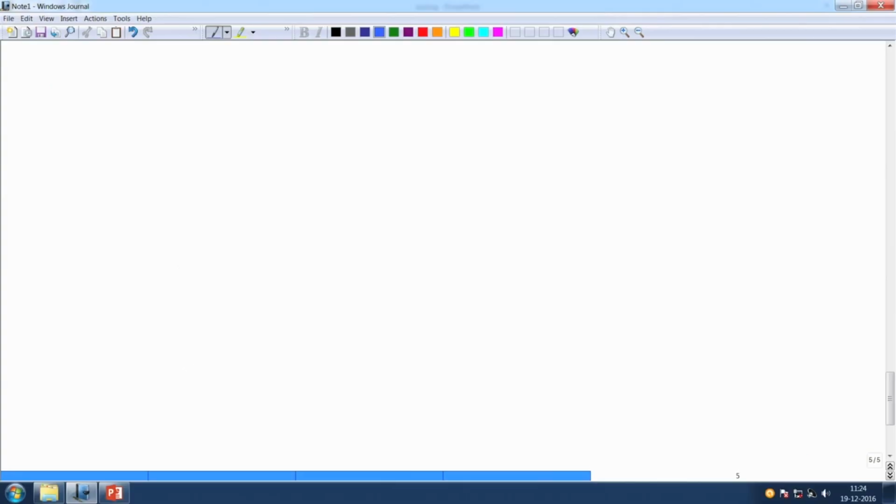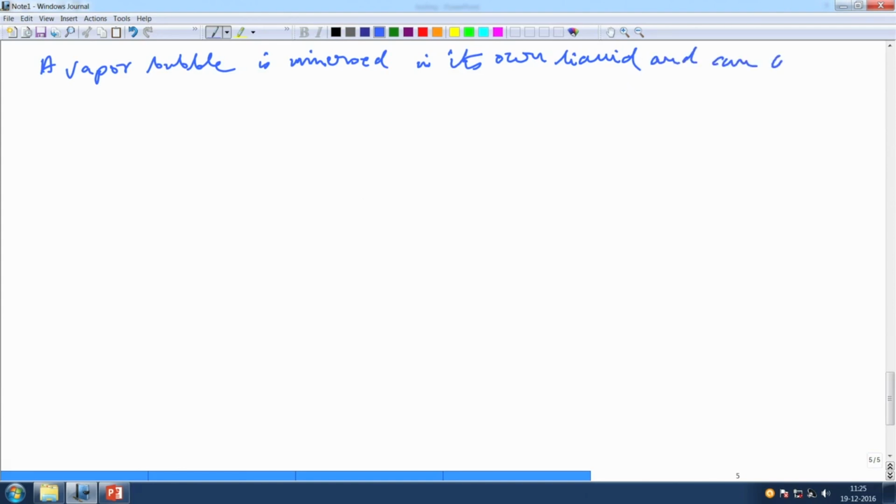We start with a problem in which a vapor bubble, and this would not be very difficult, a vapor bubble is immersed in its own liquid, and can contain non-condensable gases.